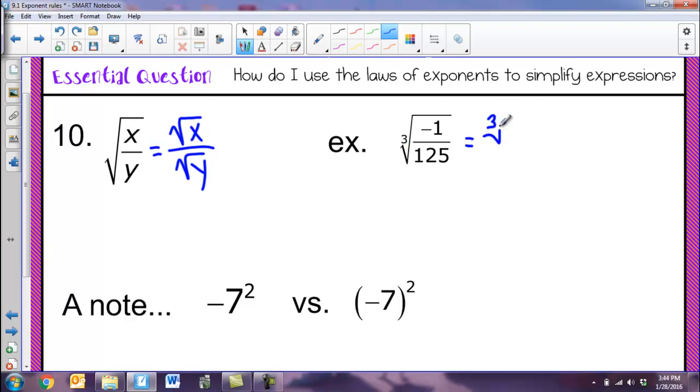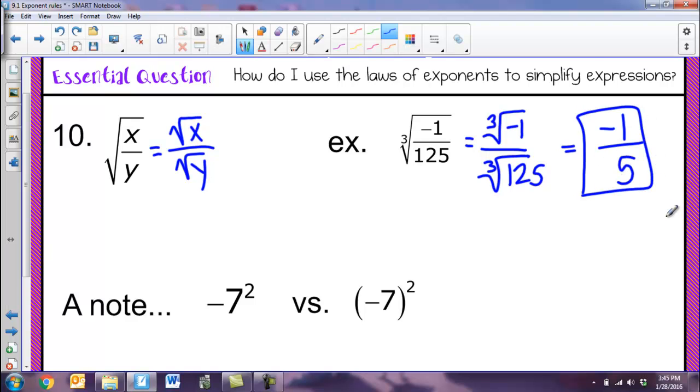This would just be the cube root of -1 over the cube root of 125. And you are allowed to take a cube root of a negative number, because remember, a negative times a negative times a negative would still be a negative. So we ask ourselves, what is the cube root of -1? What times itself 3 times gets you -1? It's -1. And then the cube root of 125 is just 5.